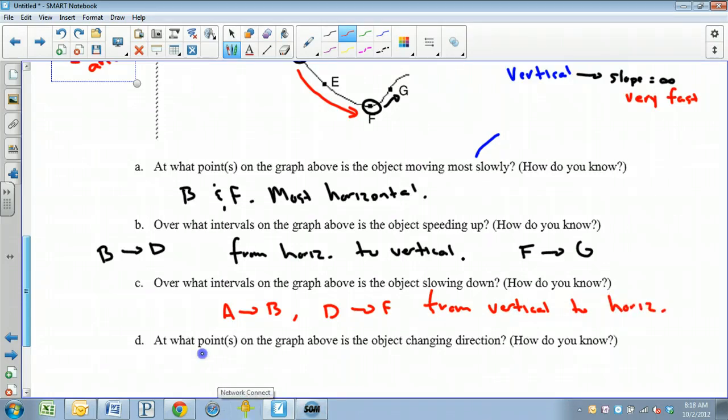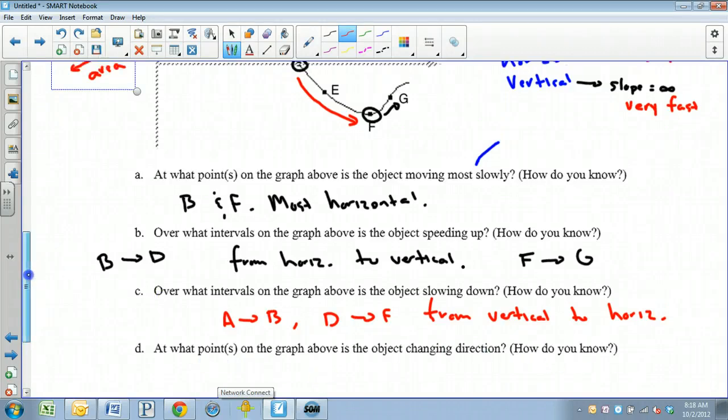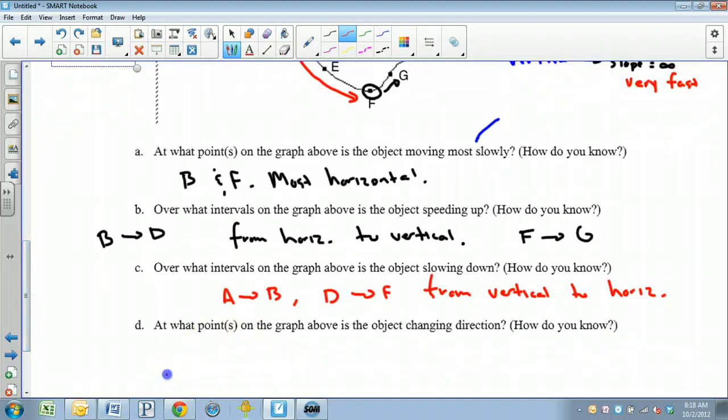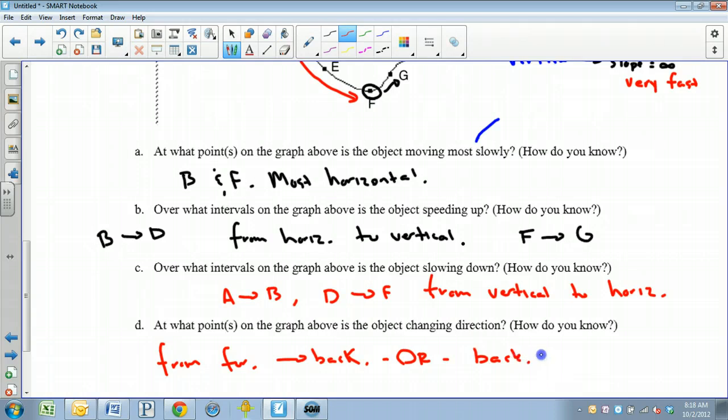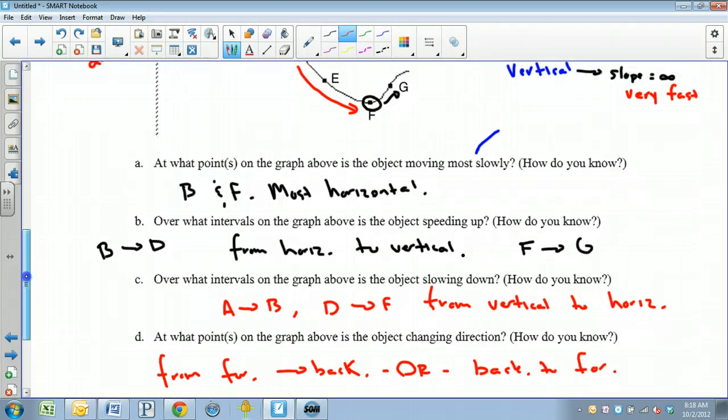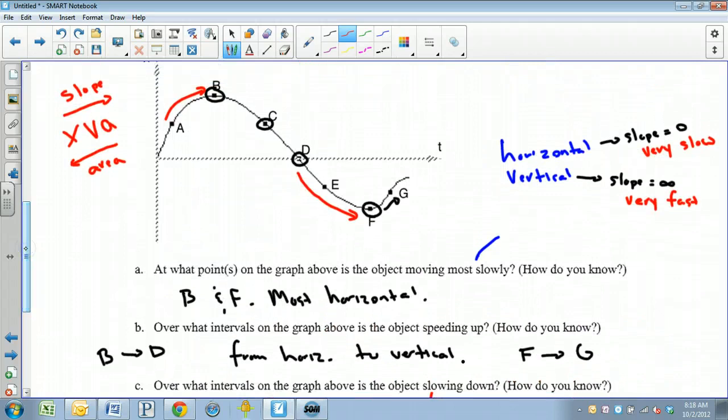The final question here is, at what points on the graph is the object changing direction, and how do you know? It changes direction when it moves from forward to backward, or backward to forward. Forward to backward means it's moving up as it moves to the right, and then moving down as it moves to the right.